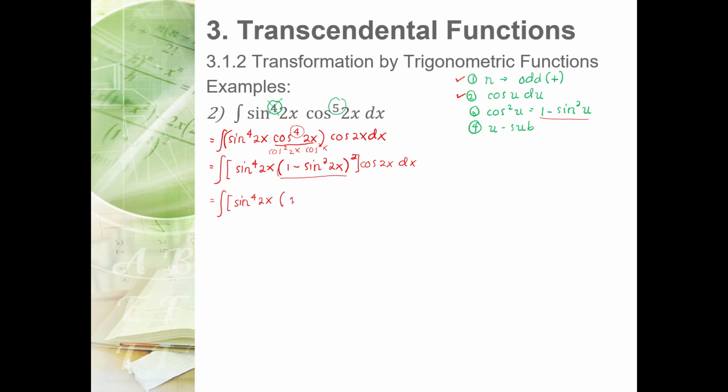So you have 1 minus 2 sine squared 2x, then plus sine to the fourth 2x, then cosine 2x dx.